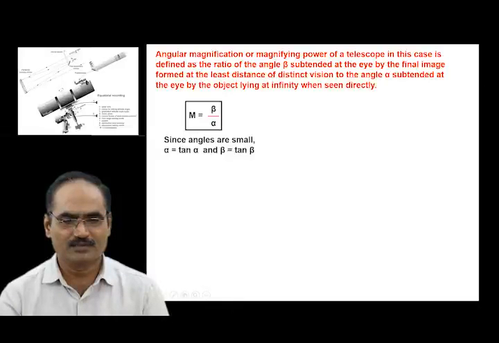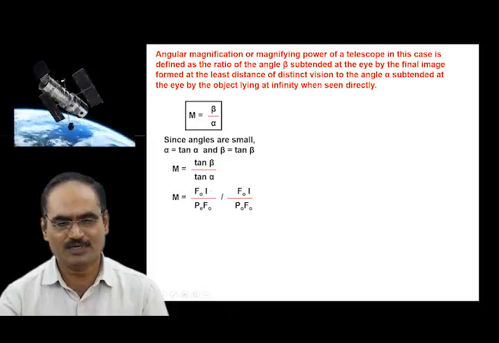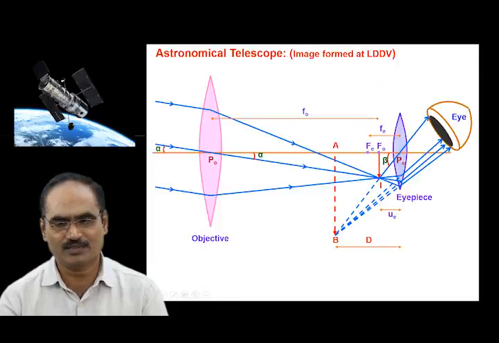Here, instead of beta and alpha, we can write it as tan beta by tan alpha. So that is, m is equal to tan beta by tan alpha. Then m is equal to tan beta, same as the previous one. That is, tan beta is f naught I by p f naught. Let me go back and see here.